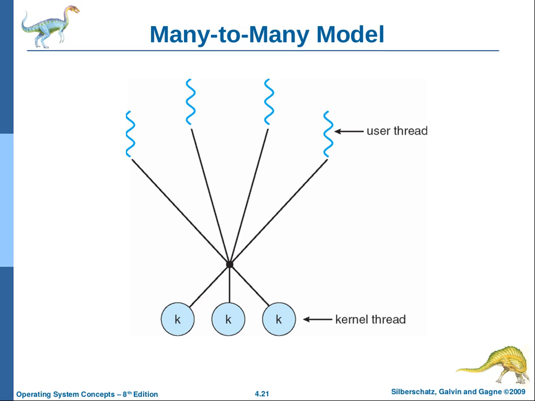But anyways, once you hit that 256 mark, the kernel kills your process. In this model, you could have way more user threads, and the operating system is going to stop making kernel threads at some point and just map them over. That gives you a little more capability and a little more flexibility in your programming.